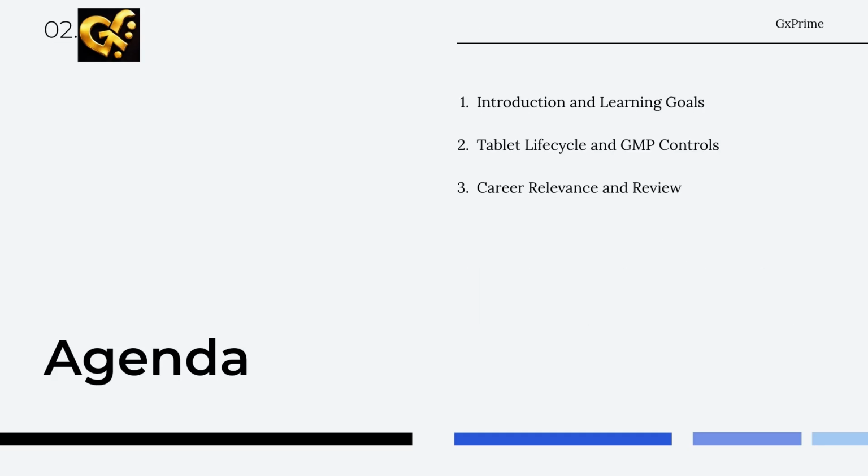Agenda. In this session, we will first understand the introduction and learning goals. Then, we will move through the tablet lifecycle and GMP controls to see how medicines are manufactured under strict quality systems. Finally, we will connect this learning to real pharmaceutical careers, industry expectations, and practical GMP thinking.